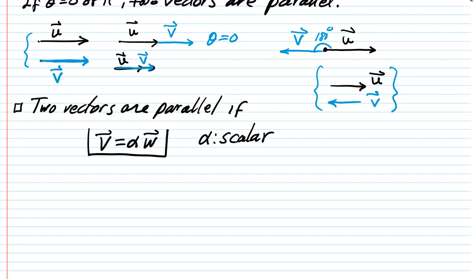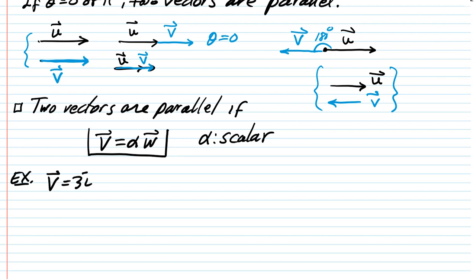Now, for instance, let's take a look at an example here. I'm just making up two vectors.